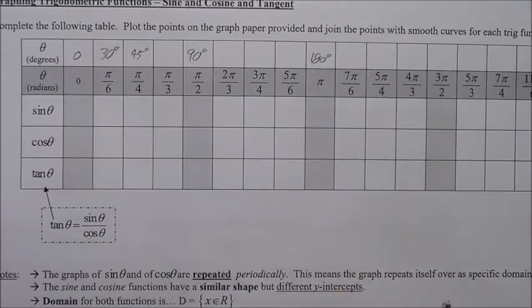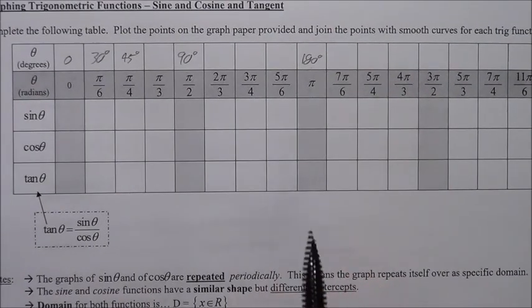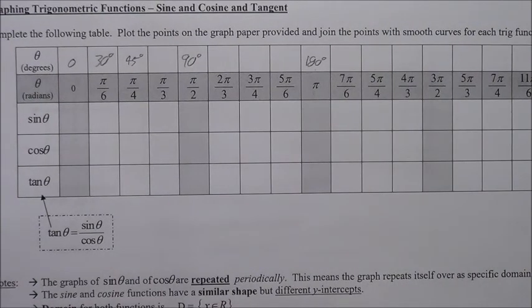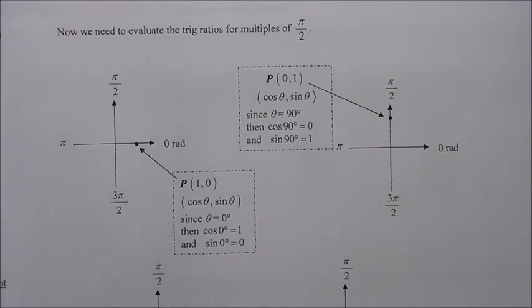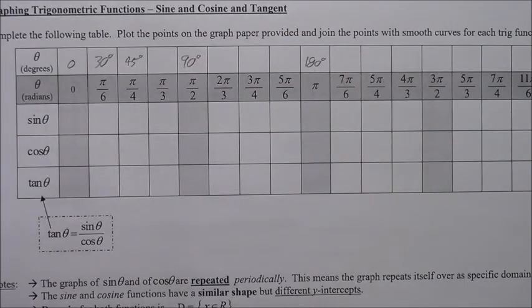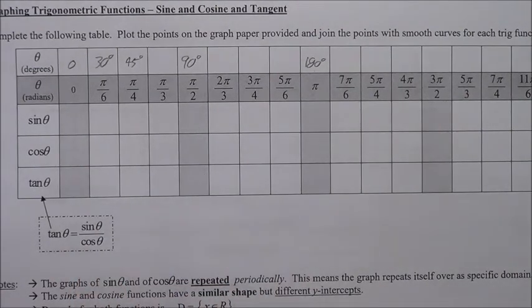So to begin working on the graphing of the sine curve, I'm just going to start by looking at the multiples of pi by 2 and get those listed here. So if I look at 0 degrees, well, 0 degrees is 0 radians.